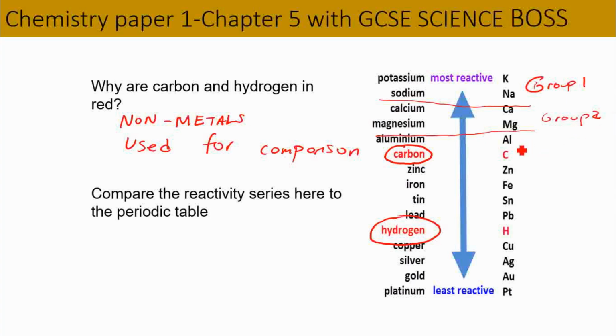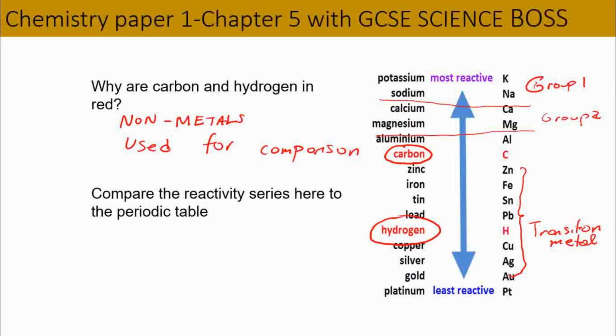Then aluminum is in group 3, and then these down here are your transition metals. So the most reactive metals are in group 1 because they only have to give up 1 electron in their reaction, and then calcium and magnesium would have to give up 2 electrons.